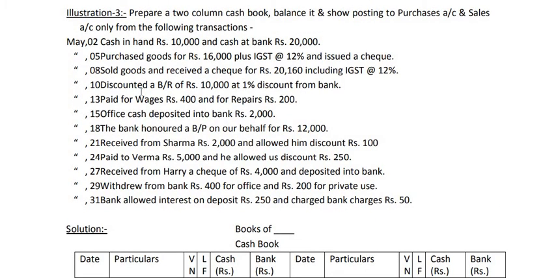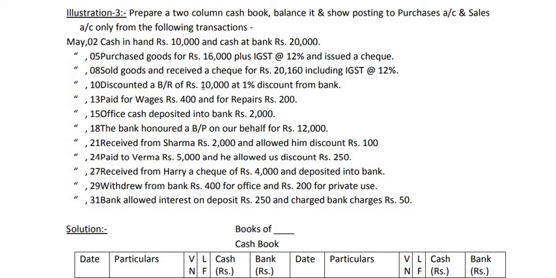Then discounted bills receivable of rupees 10,000 at 1% discount from bank. Here there was a bill receivable of 10,000 that we are discounting with the bank at 1%. That means the bank is deducting 1% of 10,000, that is 100. So the bank is giving us only 9,900 and that is also not given in cash. That is to be credited to our bank account in our passbook.